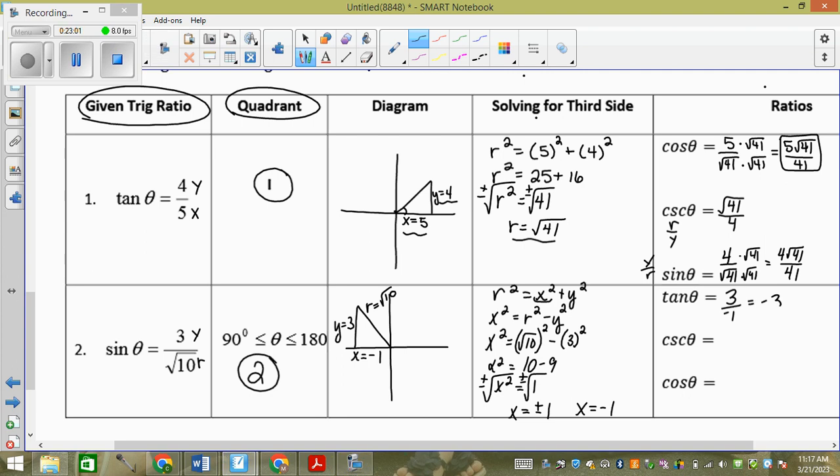So it's negative 3. Cosecant is best used with sine. Sine is your resume. So this is resume your. So it would be root 10 over 3. And then cos is cooked extra rice. So it's going to be negative 1 over root 10. Rationalize. I get negative root 10 over 10.